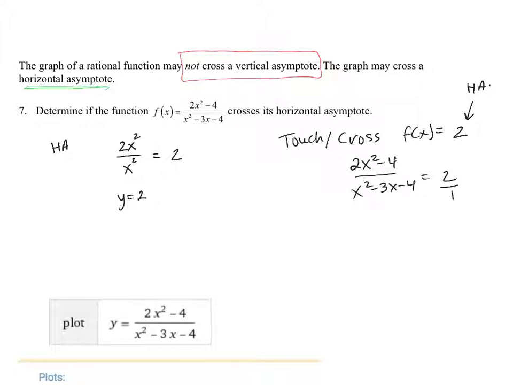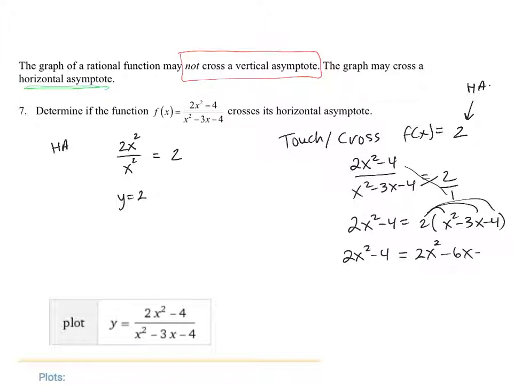I think the easiest way to solve these is to set cross products equal. So we'd get 1 times 2x squared minus 4, and that's equal to 2 times x squared minus 3x minus 4. And then solving, we need to distribute that 2. So we get 2x squared minus 4 on the left, and on the right we distribute the 2, so we get 2x squared minus 6x minus 8.